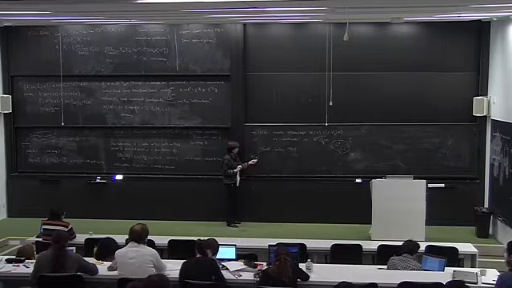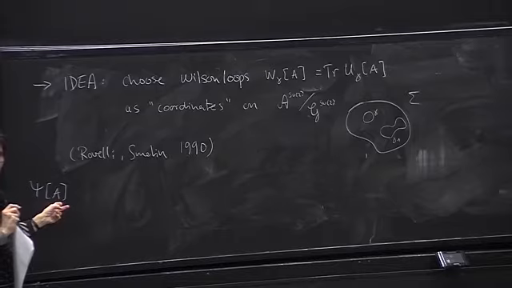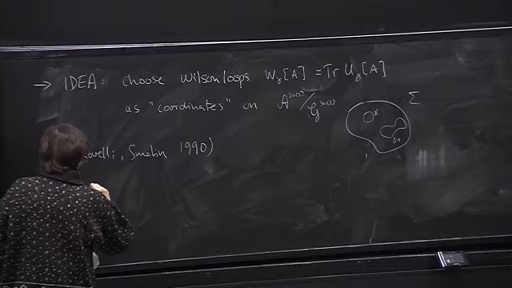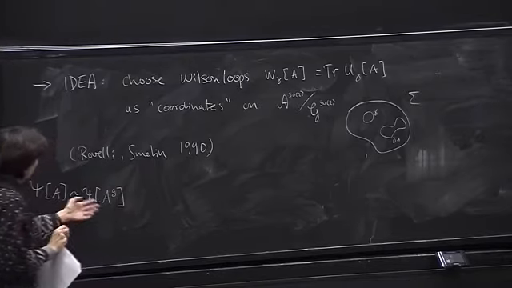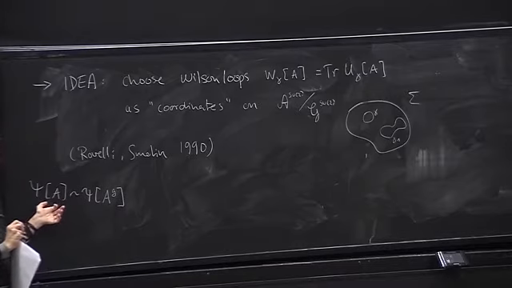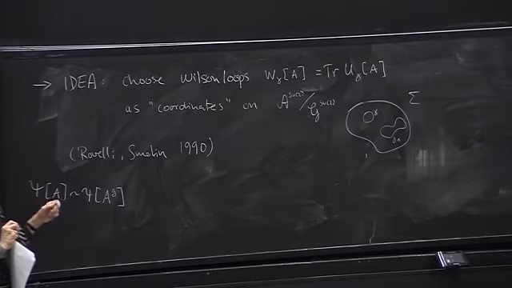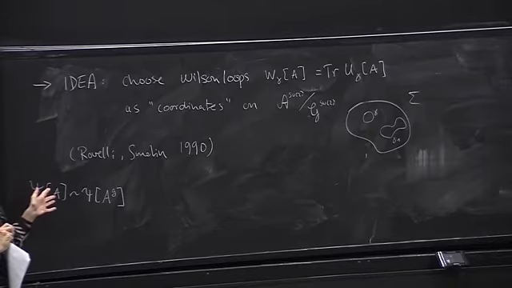Because this still carries an action under, say, the group. And what I'm saying here is, getting rid of the redundancy, the gauge equivalence, psi of A, psi of A^g, one way is to say the functionals I'm looking at are only functions of Wilson loops. An additional argument, of course, I have to make is that I'm not losing physical information this way. But as it turns out, certainly classically, I'm not.